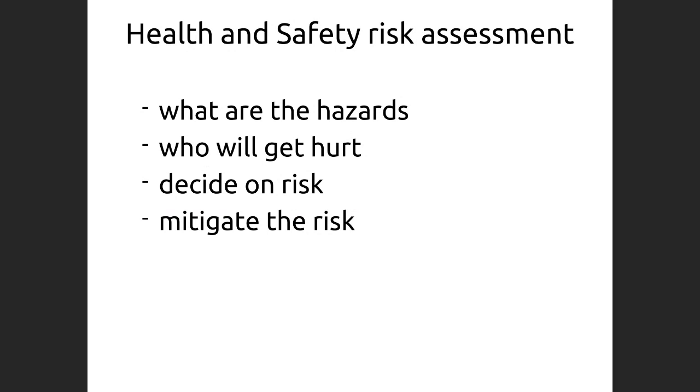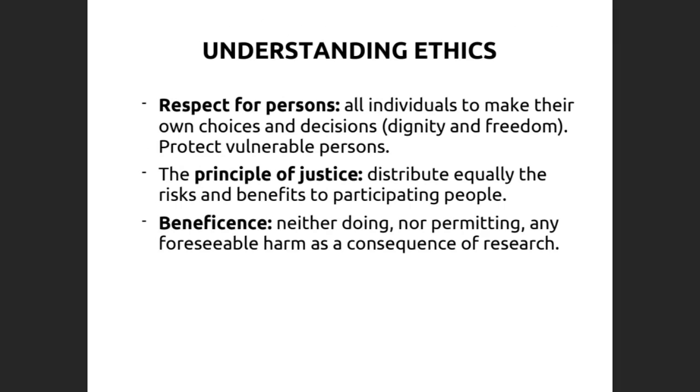Something as simple as leaving a trailing wire on the floor that somebody can trip over is a risk. So how do I mitigate the risk? Well, I tape it to the floor. That's a very simple, very obvious question of how you deal with a risk. So you have to fill in that if you're doing anything that might require trailing wires or rotating blades or anything of that kind.